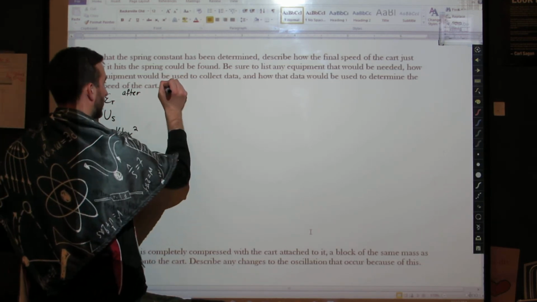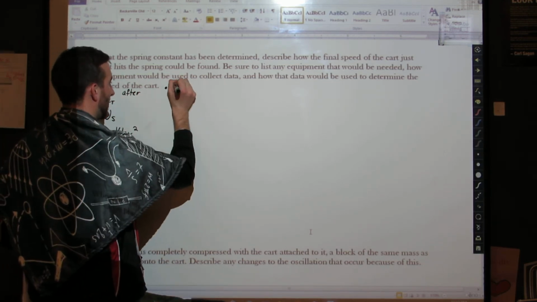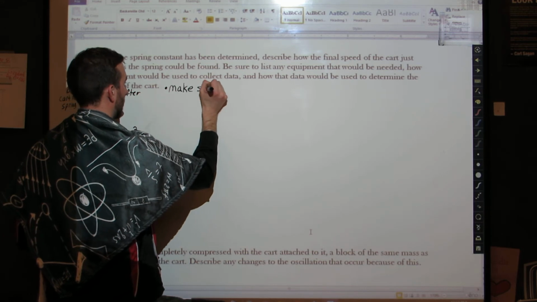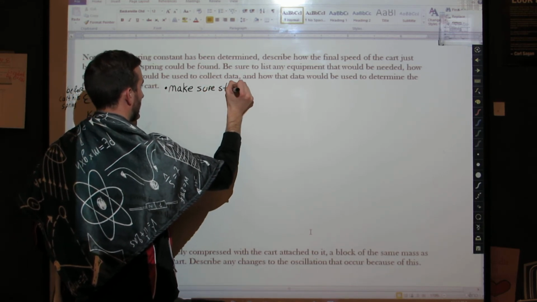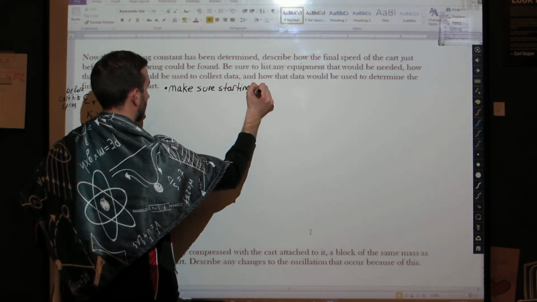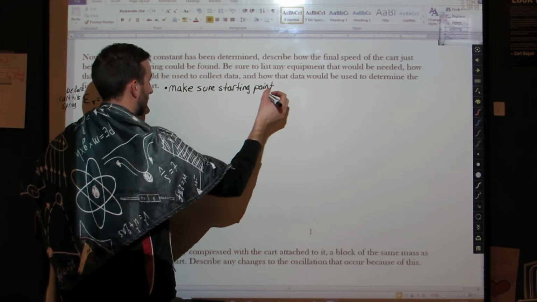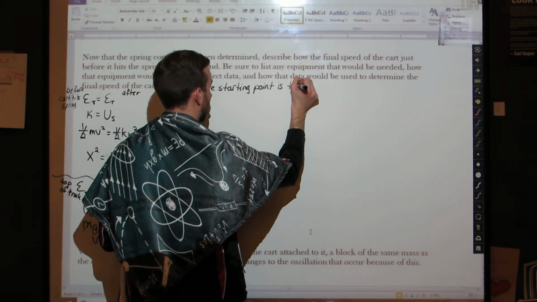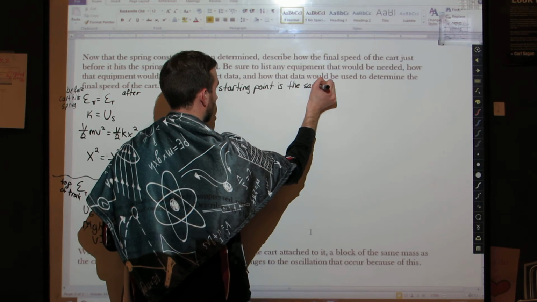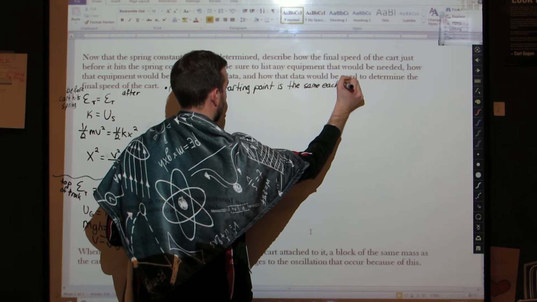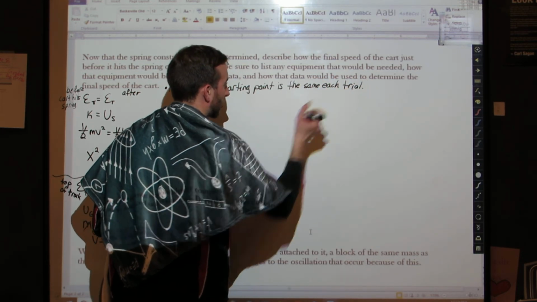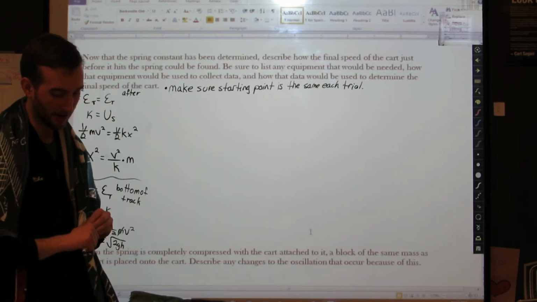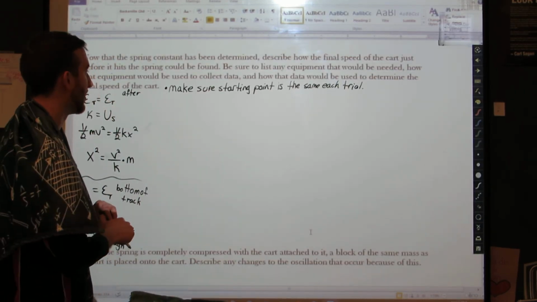So, most importantly, we need to make sure that the starting point is the same for each trial. We always need to make sure that cart starts at the same exact spot. Okay? That's very, very important.